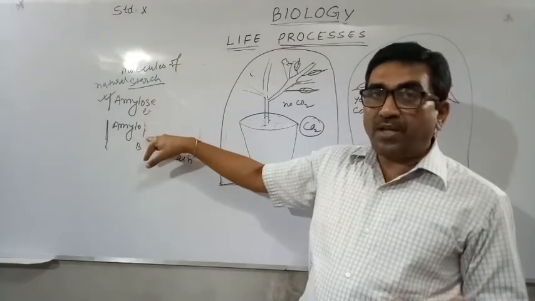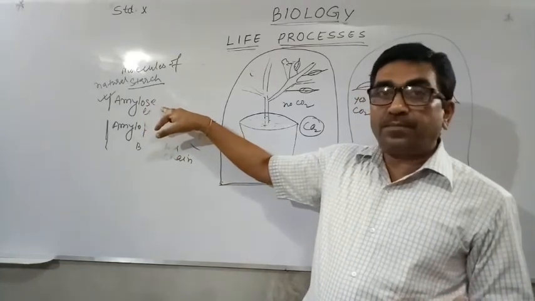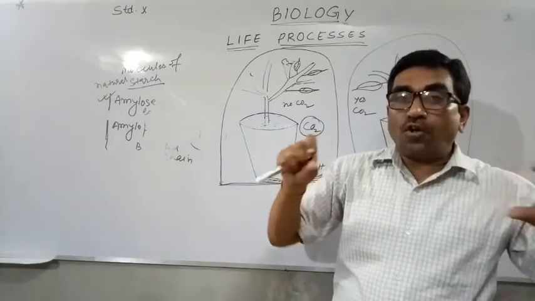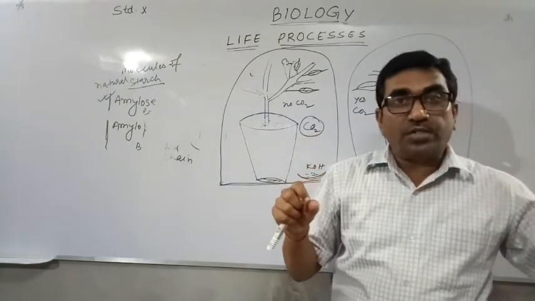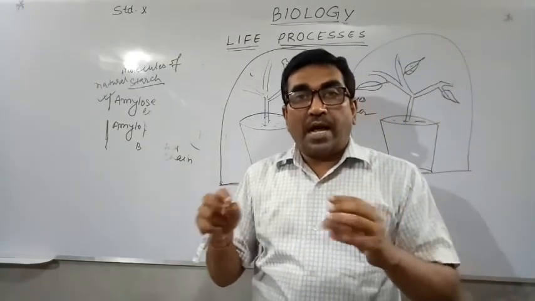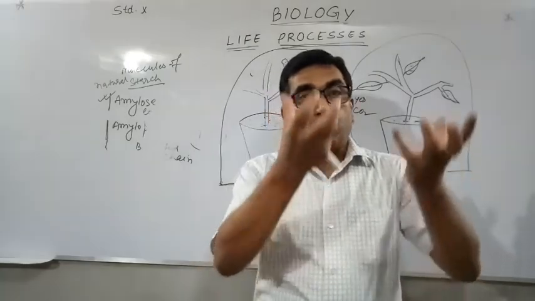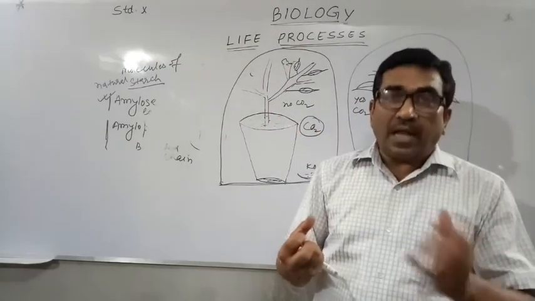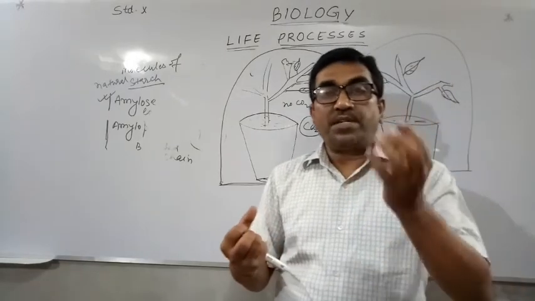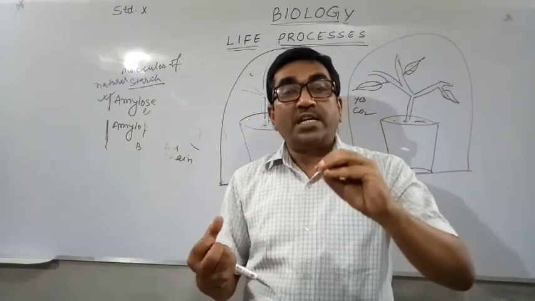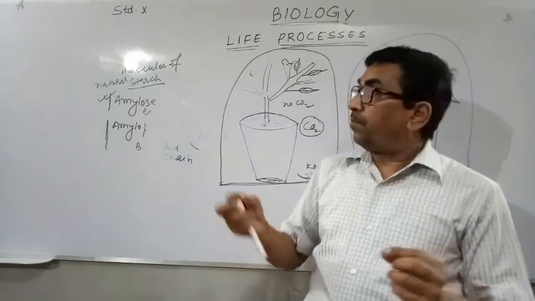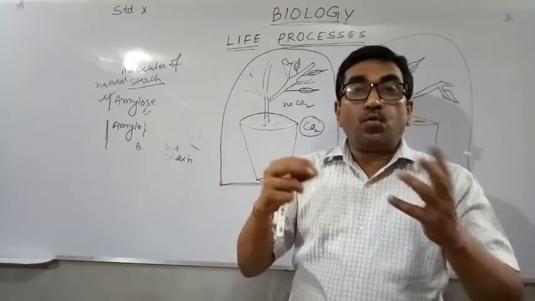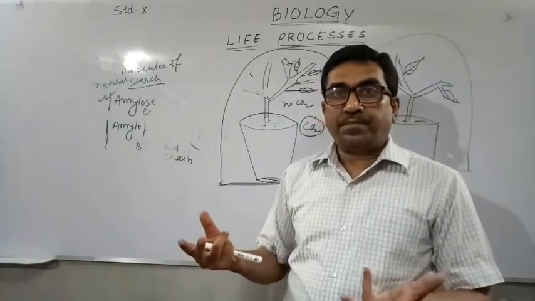In this long chain the iodine solution gets embedded and makes a structure which absorbs most of the light and reflects less light, so it is seen dark in color. So a dark blue color appears.